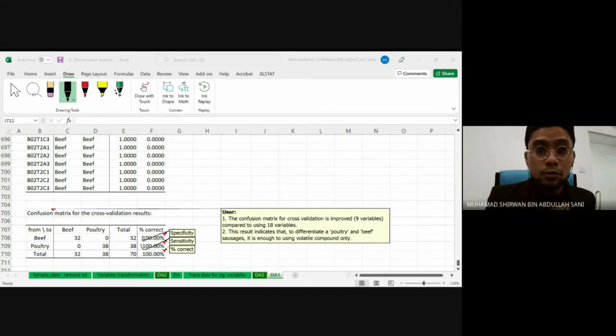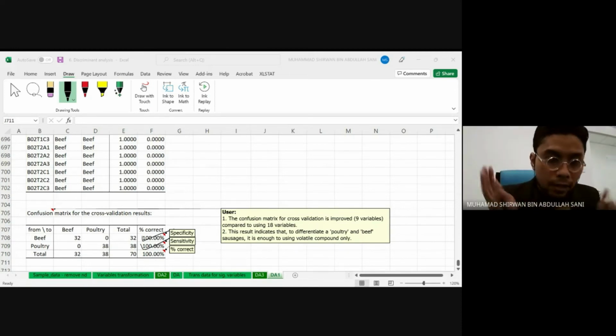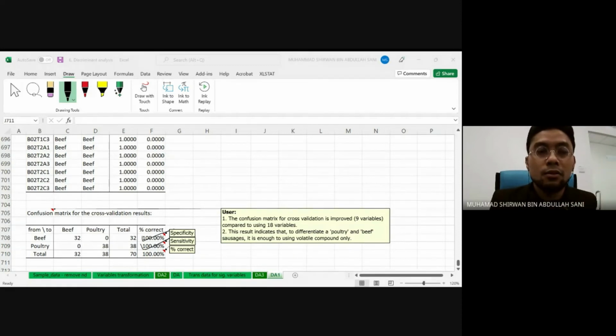So if you are dealing with any classification of food samples or halal analysis, for example, you want to differentiate between bovine, porcine, fish gelatin, before we claim we have the best discriminant model, we have to follow through this method first. Take all those variables, run with DA, and from the unidimensional table, select the most significant one, and then check the cross validation.